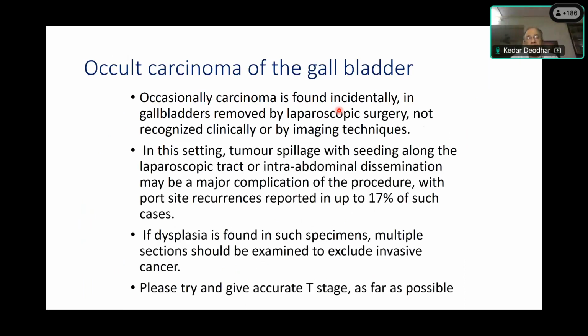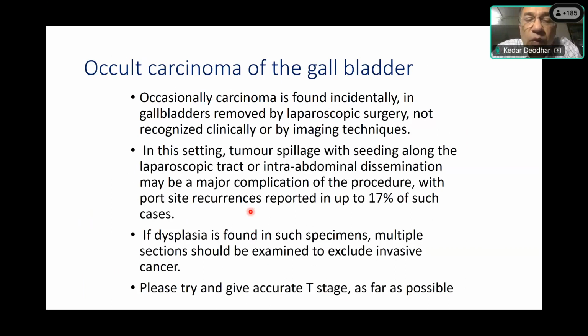We do face occult carcinoma of the gallbladder as outside reference slides. The gallbladder is removed surgically or laparoscopically, but as an incidental finding or surprise, we do see a carcinoma. In that setting, what we look for is the presence of tumor.